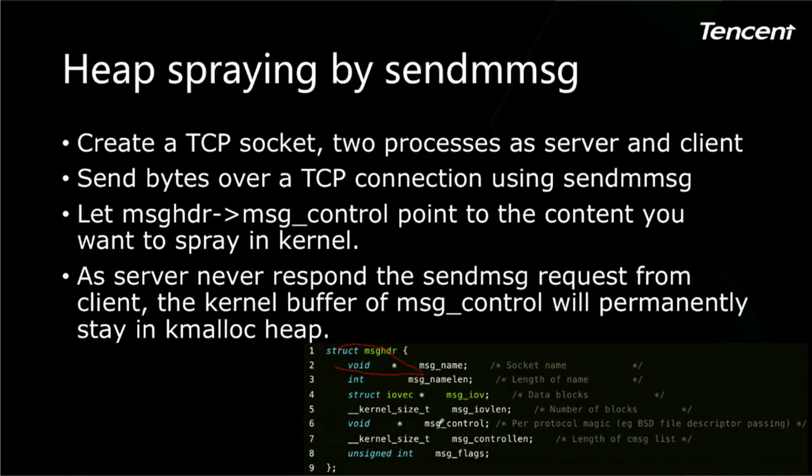In this structure, you need to let the message control pointer point to the content you want to spray, and since the server never responds to the message request from the client, the kernel buffer of the message control will permanently stay in the kernel heap. So to spray the heap in the kernel, just create many pairs of server and client and do the above steps.